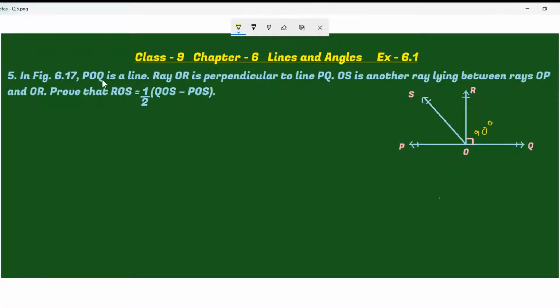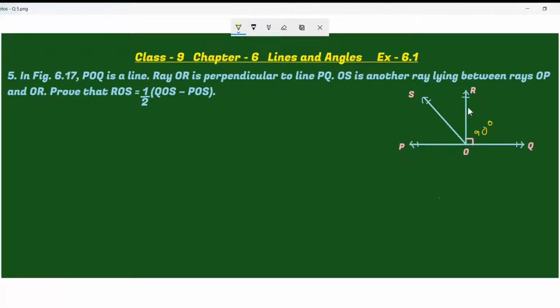In the question they have told POQ is a line. This is the figure. Here in this figure POQ is a line and RO is perpendicular to PQ. In the first class I told you, if one ray is perpendicular to another ray, then the angle formed by those two rays is called a right angle, which is equal to 90 degrees.